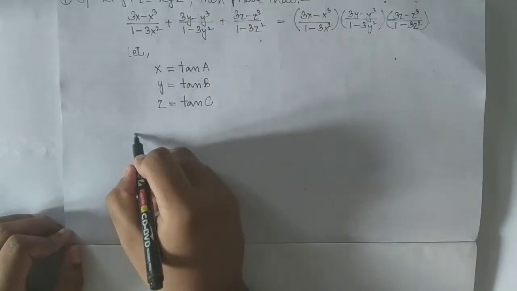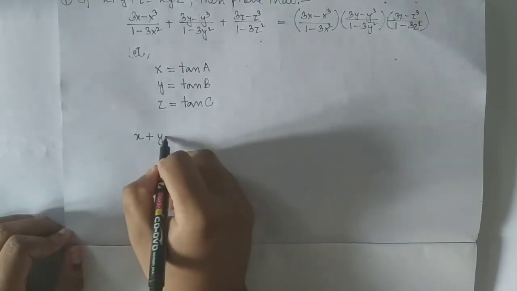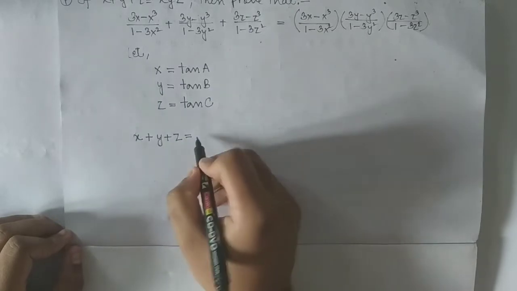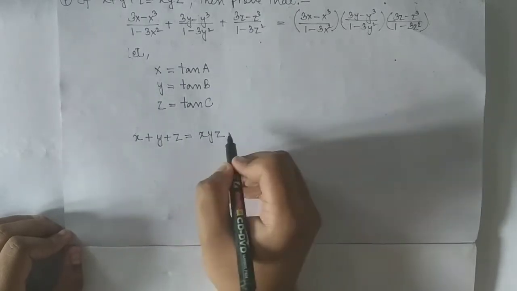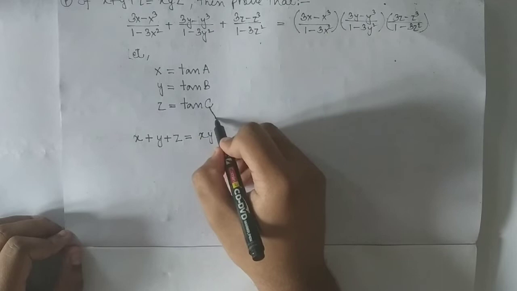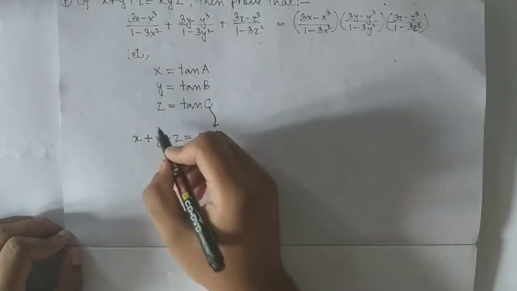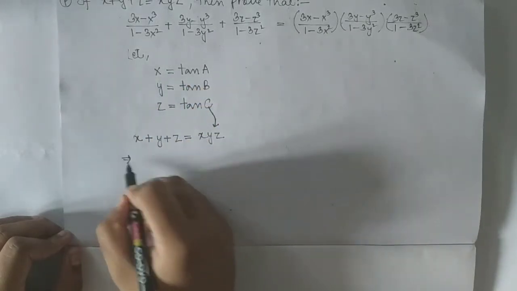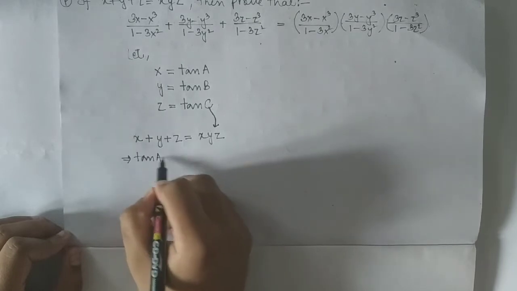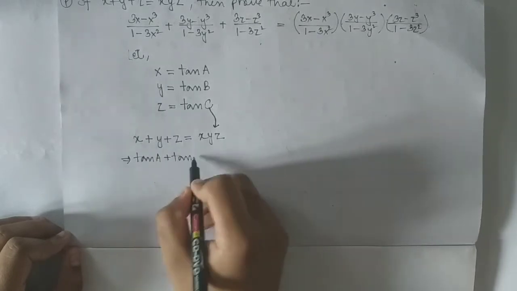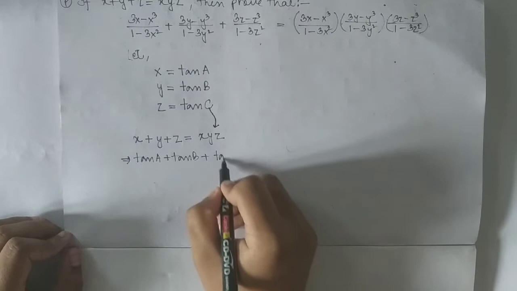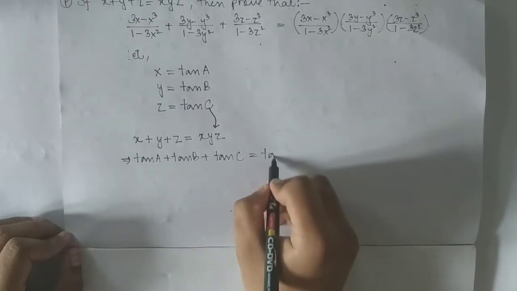The condition is given as x plus y plus z is equal to xyz, and let me substitute the values of x, y, z in the equation. So this equation will become tan A plus tan B plus tan C is equal to tan A, tan B, tan C.